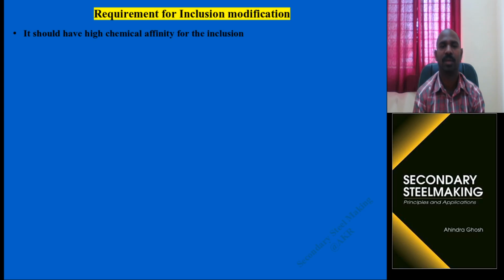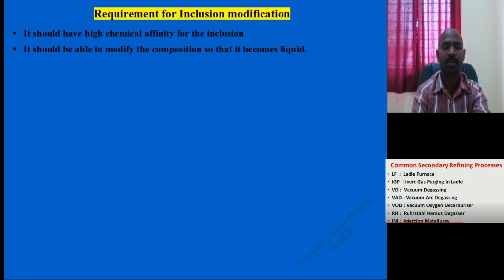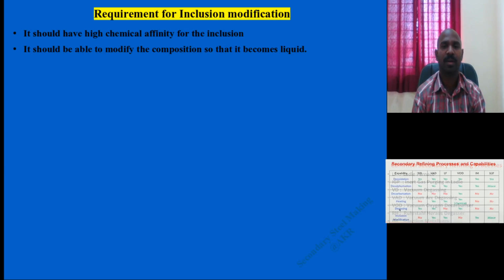If it is Al2O3 and MnS, what is the high chemical affinity element? And it should have the ability to modify the overall composition of the liquid steel, reducing the sulfur, reducing the oxygen within the steel. What is that particular element?